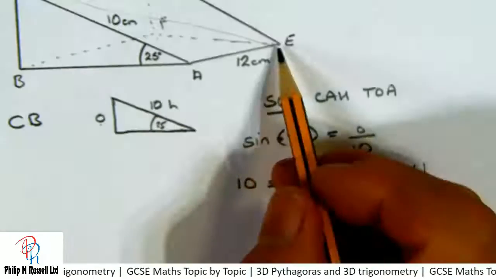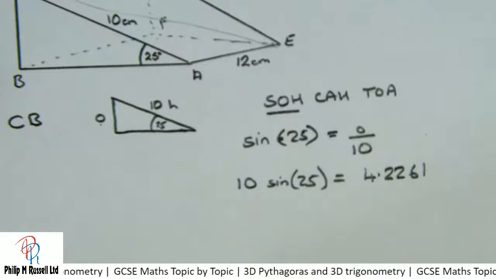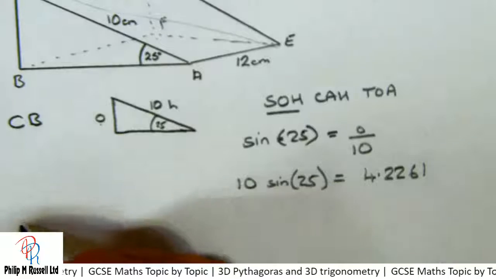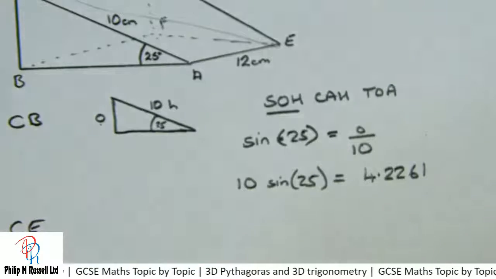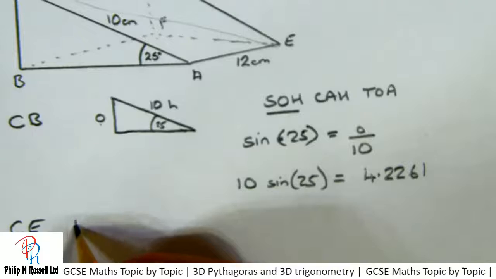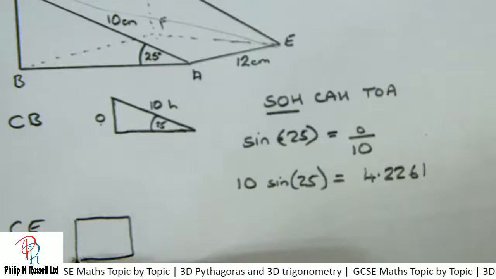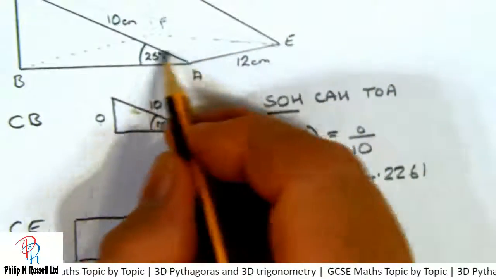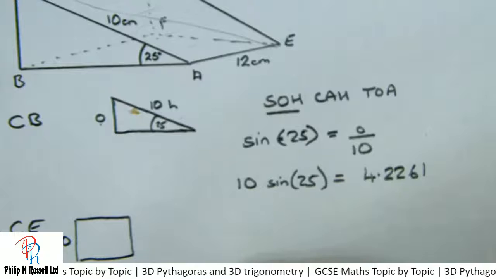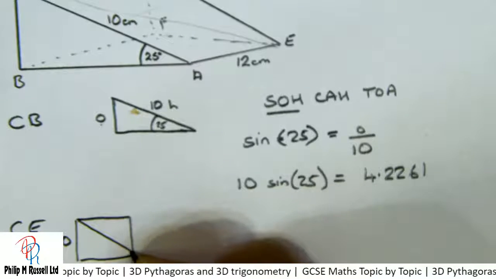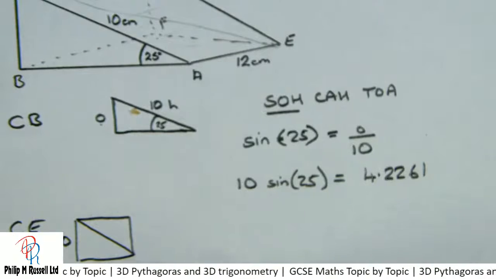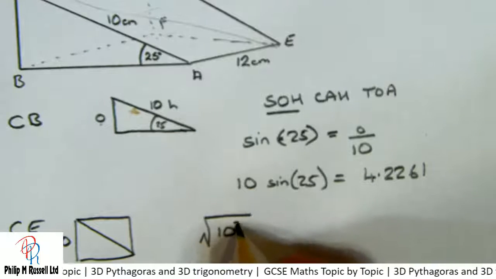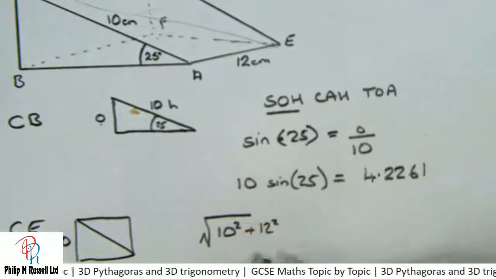I might want to work out what is the simple length of C to E. Very easy. I've got now a rectangle looking just at this particular surface. That's going to be 10 by 12. So I can use Pythagoras to work this out. It's going to be the square root of 10 squared plus 12 squared.